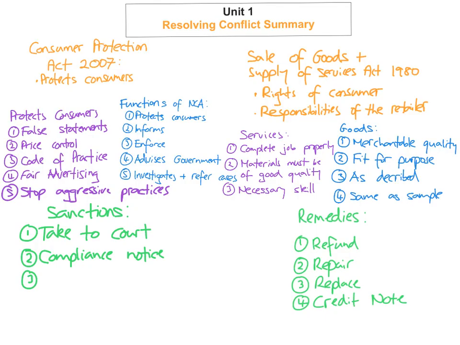They can also issue a prohibition order, and this order is from the court, and it tells them they need to stop, or else they are breaking the law. They can issue them with fines, usually on the spot.